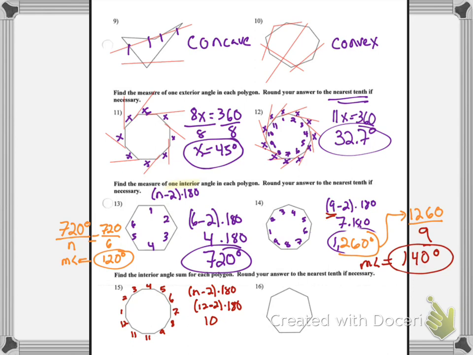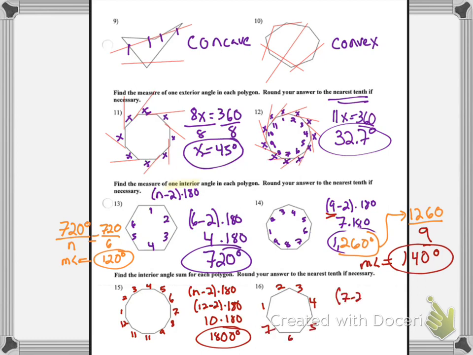That gives me 10 times 180. Remember, when you multiply by 10, that's just adding a 0 to the end. So I have 1,800 degrees.